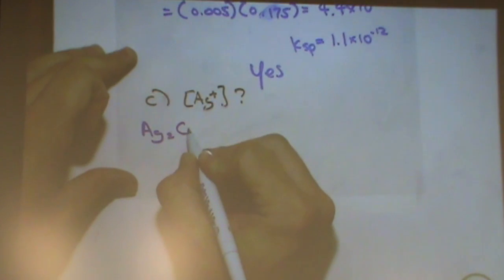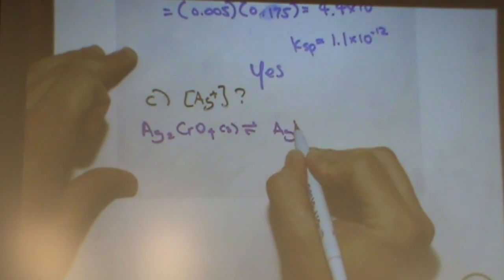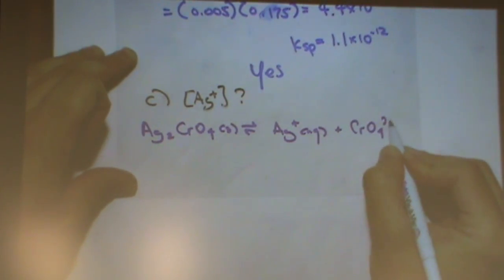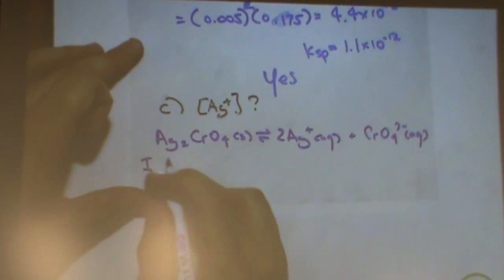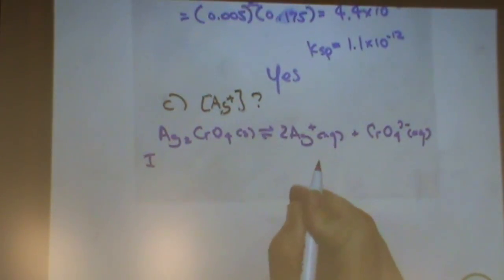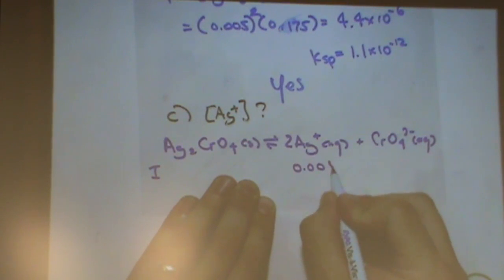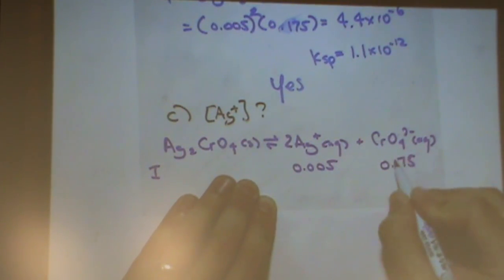You would write the reaction out. There's my reaction. Now, you're going to write the numbers in. 0.005, this is from before, and 0.175.